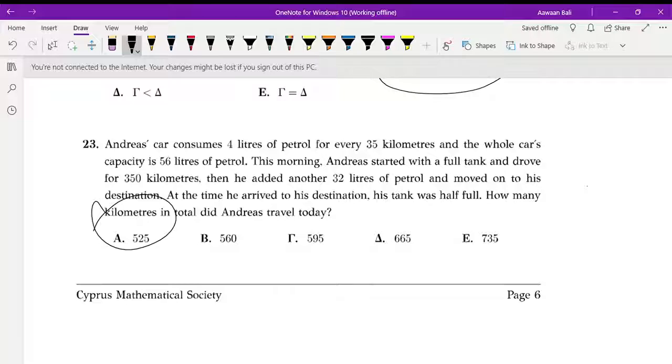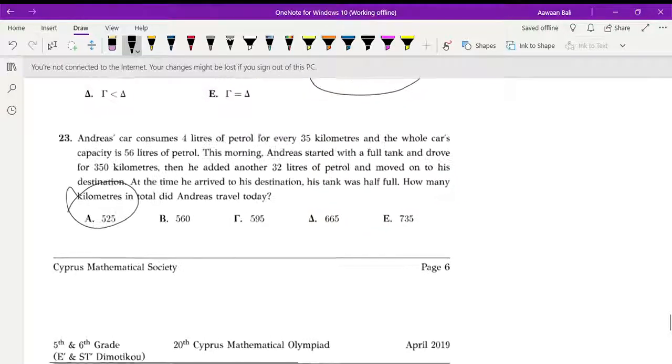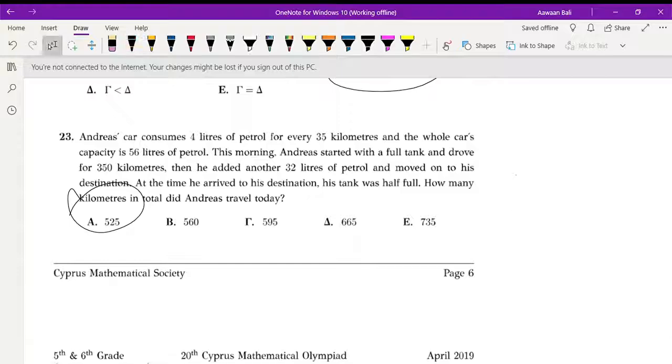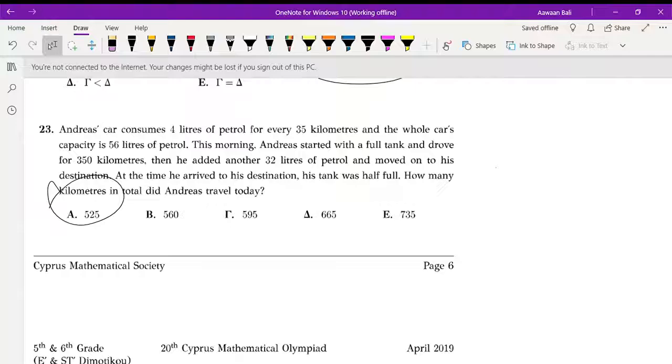Now, Andreas's car consumes 4 liters of petrol for every 35 kilometers, and the whole car's capacity is 56 liters of petrol. So 4 liters for every 35 kilometers.